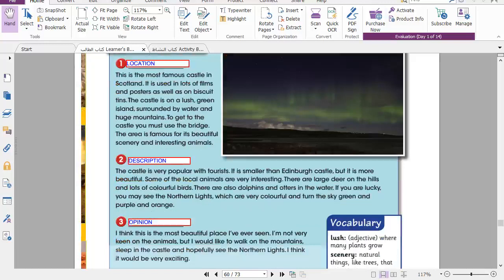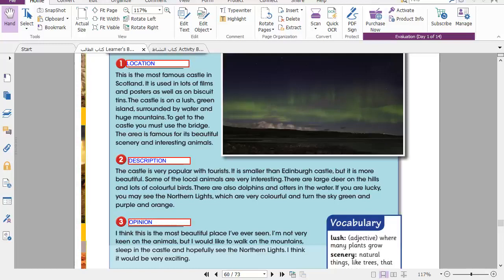What about passage number 2? It talks about the description of the castle. Let us read this passage together also. The castle is very popular with tourists. It's smaller than Edinburgh Castle, but it is more beautiful. Some of the local animals are very interesting.